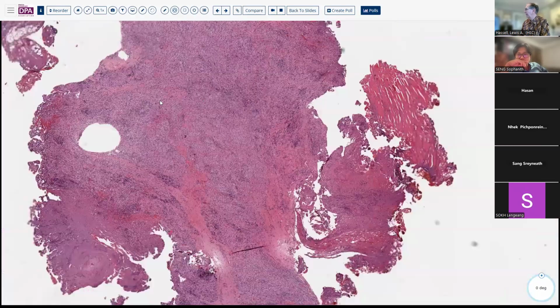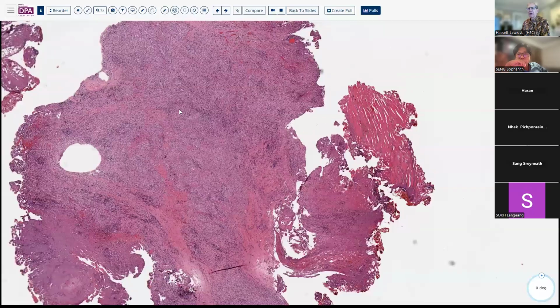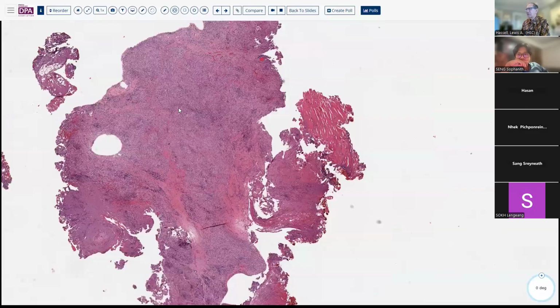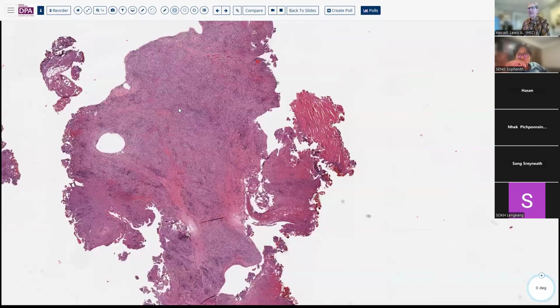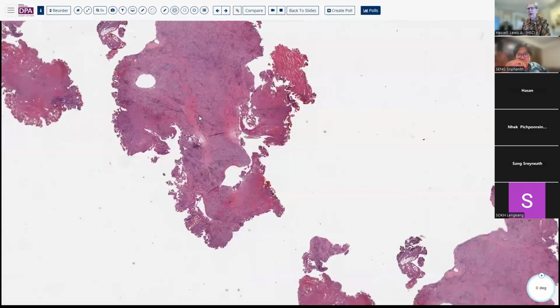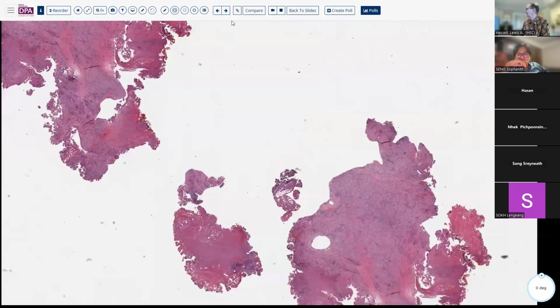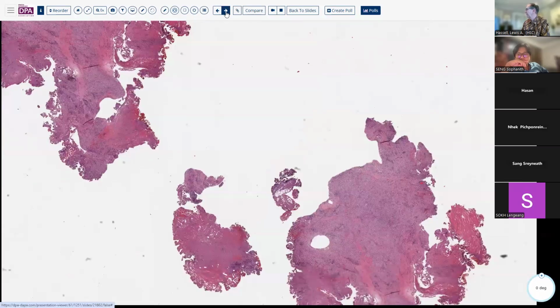Ideally, you don't have to do an invasive biopsy like this, but could make the diagnosis using perhaps a needle core. Cytology might be a little bit more difficult, but certainly a needle core biopsy should enable you to suggest this possibility as well. So this is a nice example of sclerosing mediastinitis.